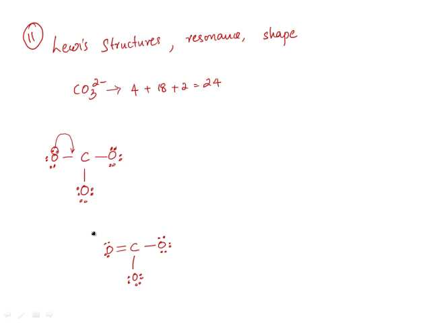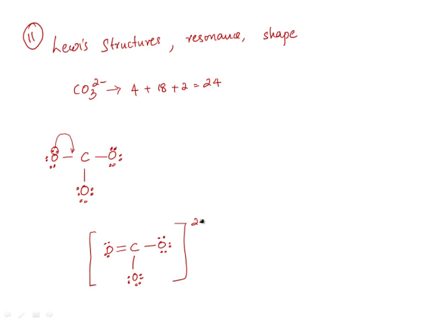Now remember, if it is an ion, usually you put that in square brackets and you write the charge outside. This is the most accurate way of representing that. Even if you didn't do that, I didn't take off any points from the last exam. But remember, if you have an ionic species, you should put that in square brackets and write the charge outside.